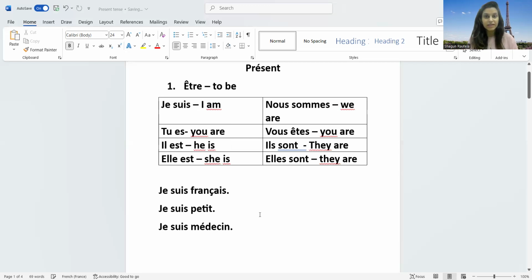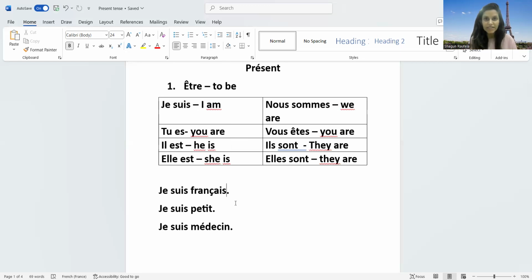Français, it's a nationality. Petit, it's an adjective. Médecin, it's a profession. So whenever you want to make a sentence with être, you can use any of these 3 things: either nationality or adjective or profession.